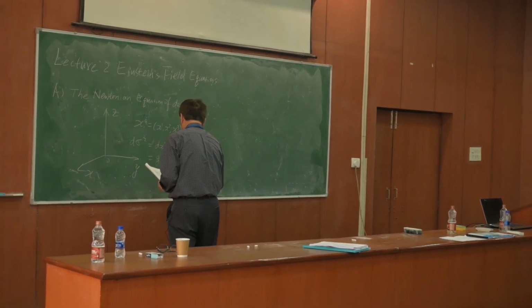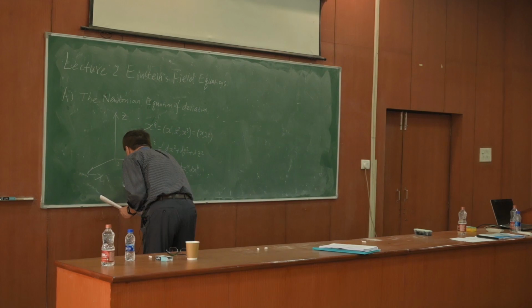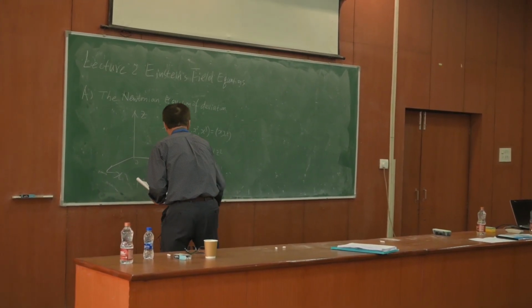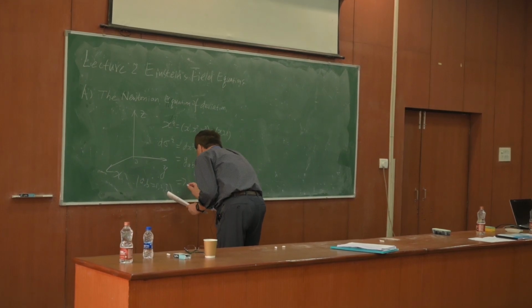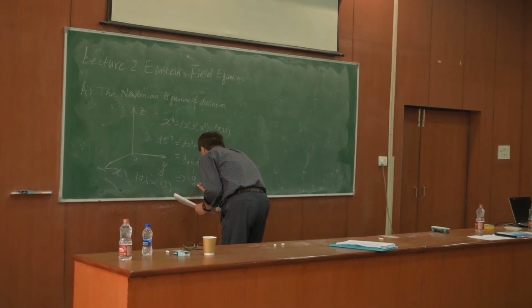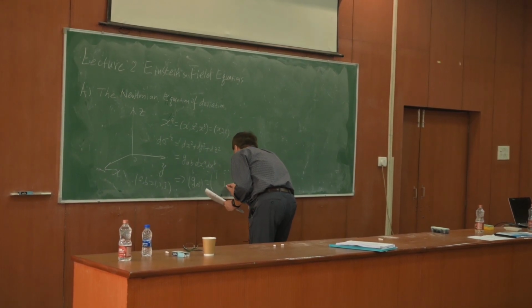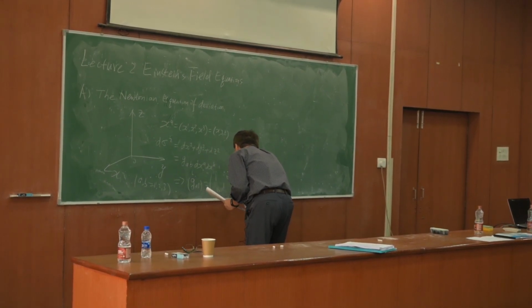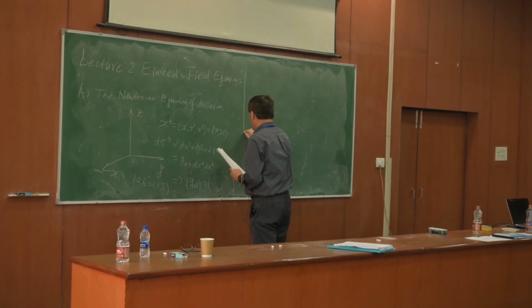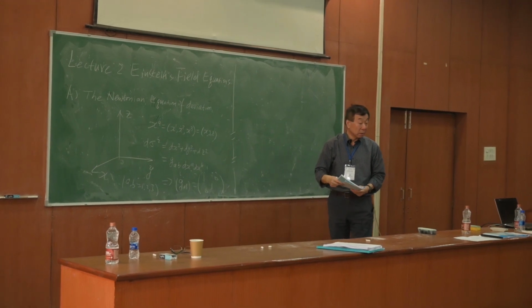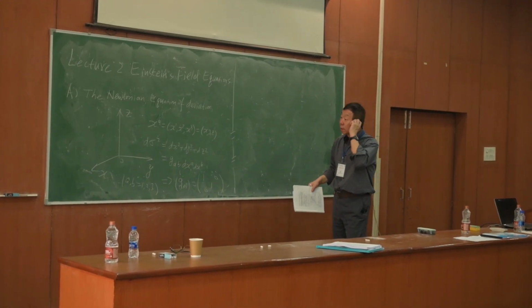Now a, b go from 1, 2, 3. So this allows me to write δ_ab = diag(1, 1, 1), with zeros elsewhere. So this is our starting point in Newtonian gravity.